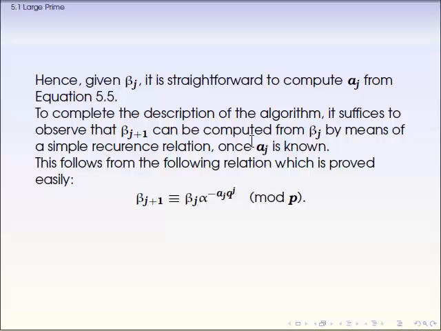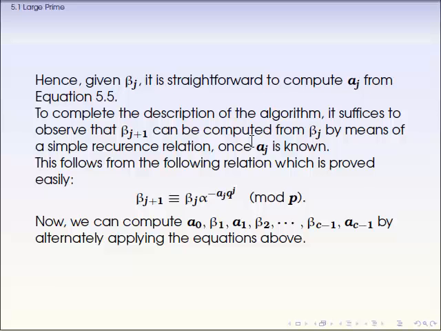Just apply this rule all together and we can find all the aj's and beta j's. So that's how we can find the whole x. So far it may not be clear, so it's better to play with some real cases, then it's going to be much clearer, and you can apply the same procedures to other cases.